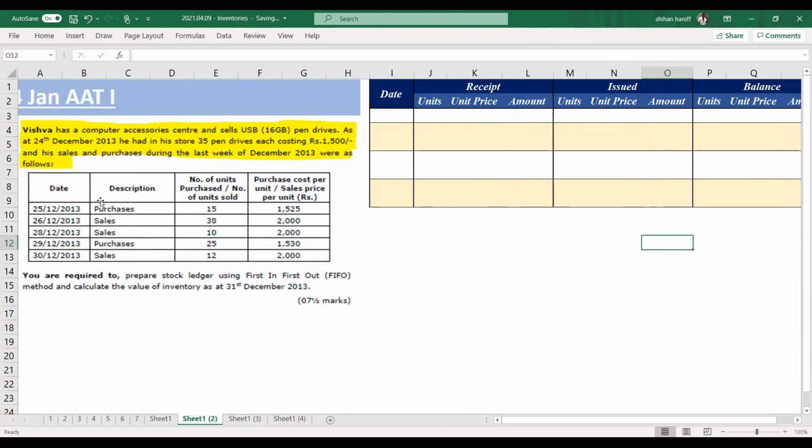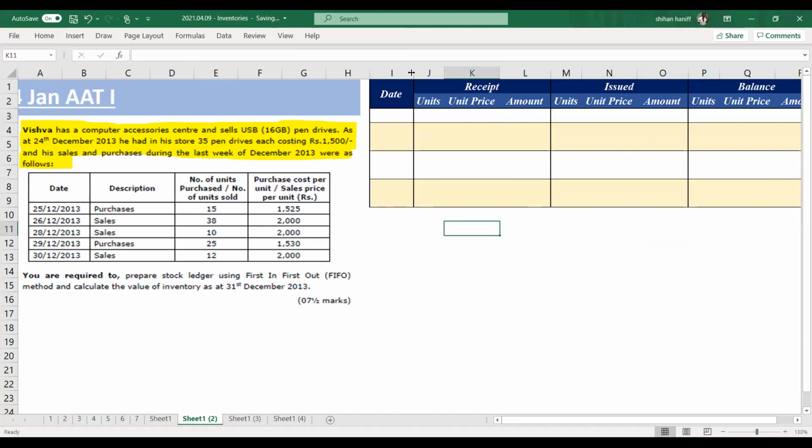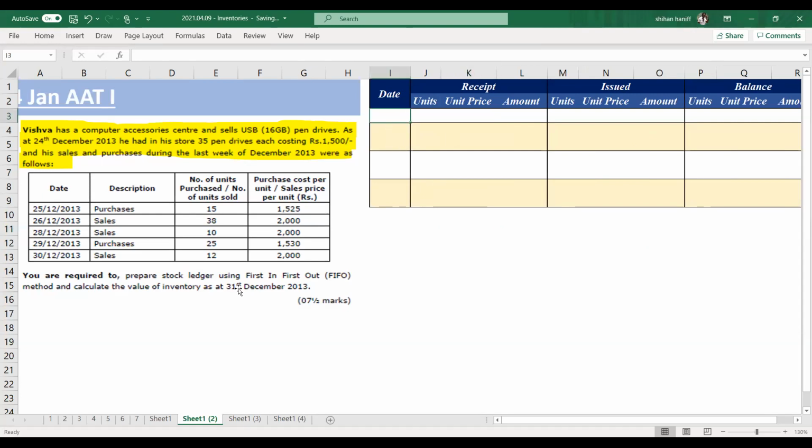So there are five transactions. So let's try to calculate the values based on first in, first out. We are required to prepare the stock ledger using first in, first out method and calculate the value of inventory as at 31st December 2013.